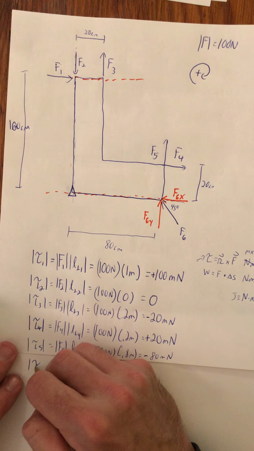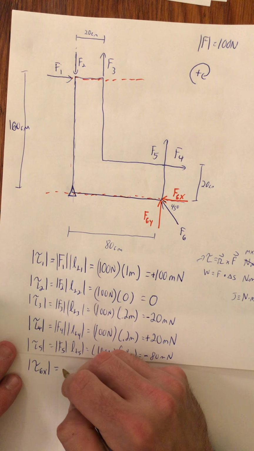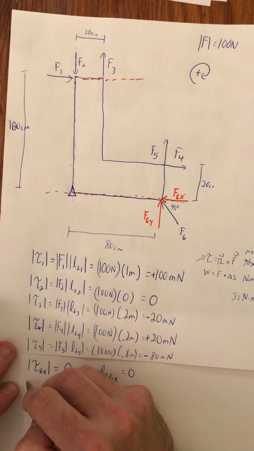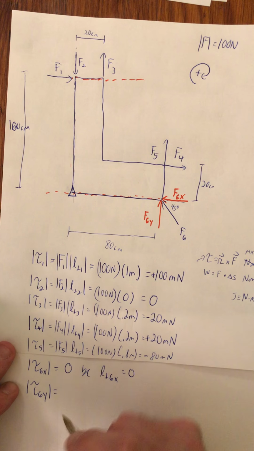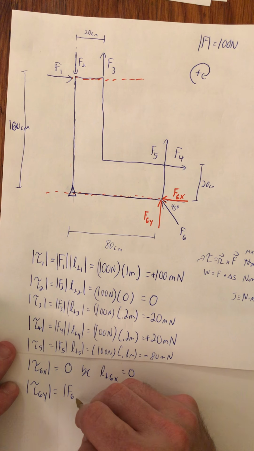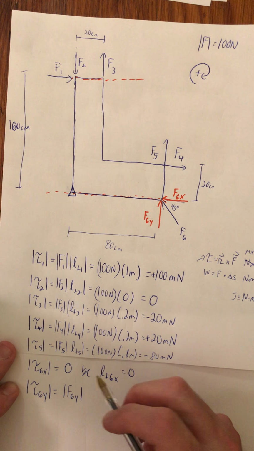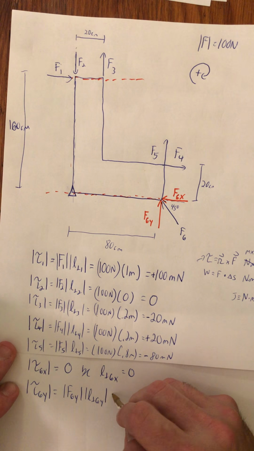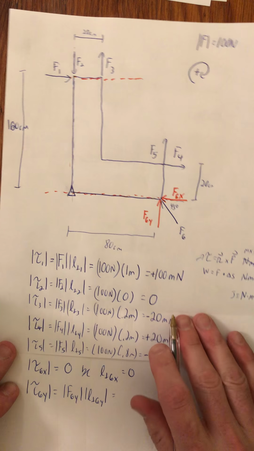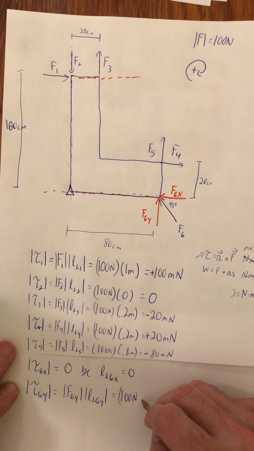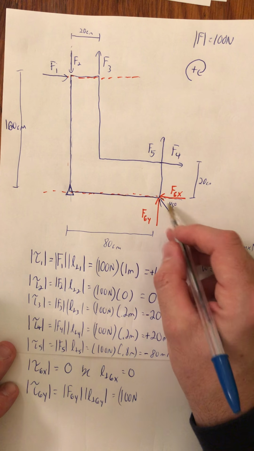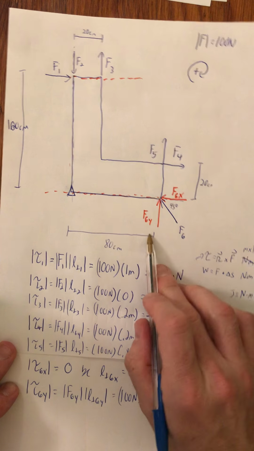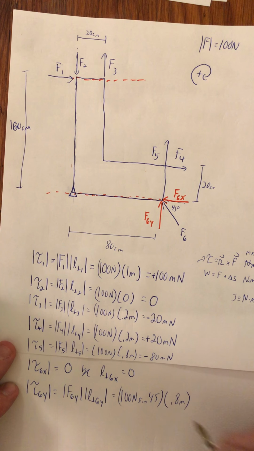Because here, the torque due to 6x is going to equal 0 because L perpendicular 6x is 0. But the torque due to 6y is going to equal the force of 6y times L perpendicular 6y. And what's that going to be? Well, for 6y, that's going to be 100 newtons times sine of 45, and the lever arm distance here is 0.8 meters.